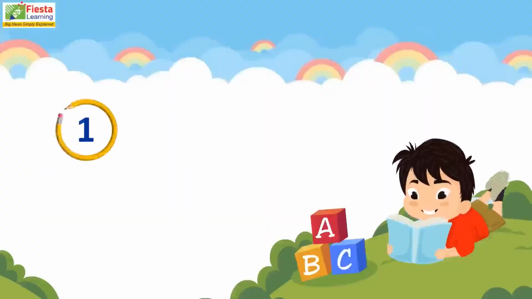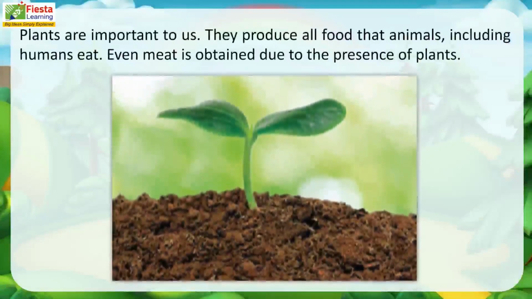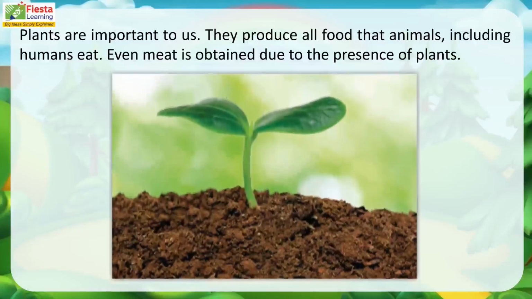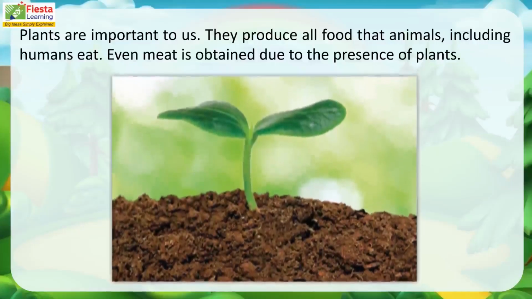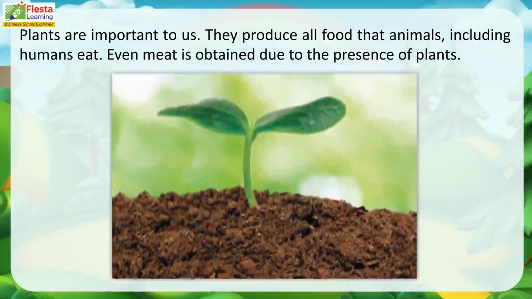Chapter 1. Plants World. Plants are important to us. They produce all food that animals, including humans, eat. Even meat is obtained due to the presence of plants.